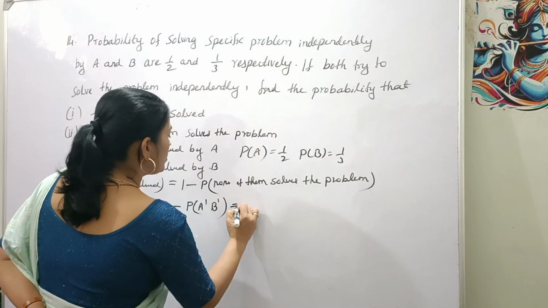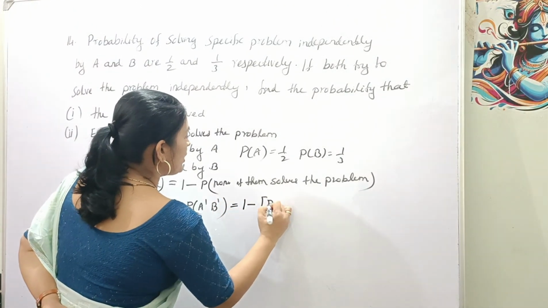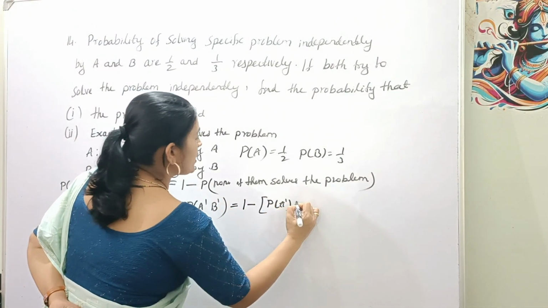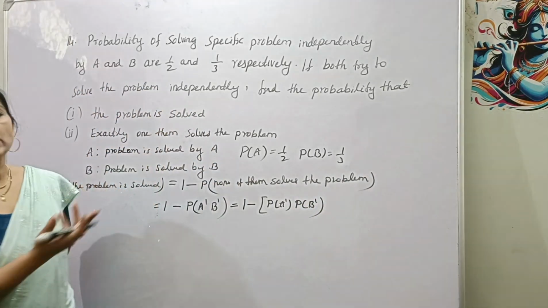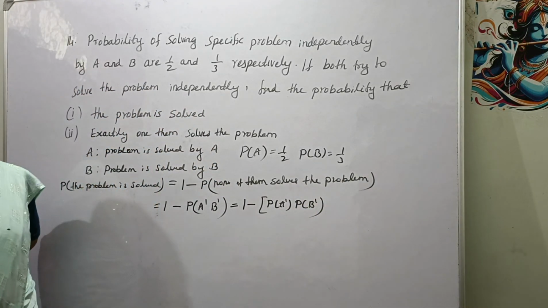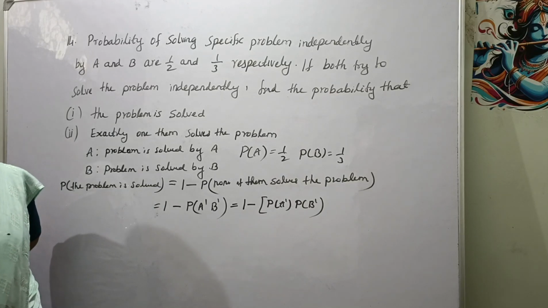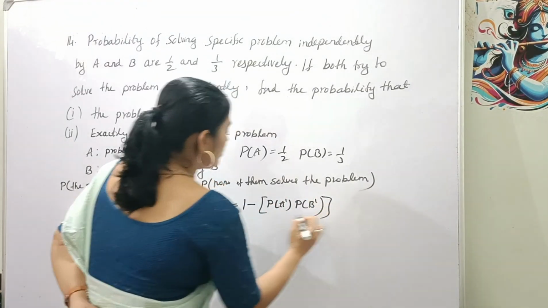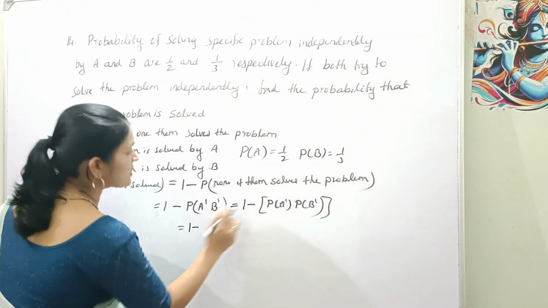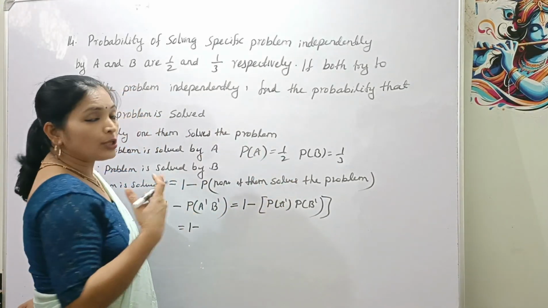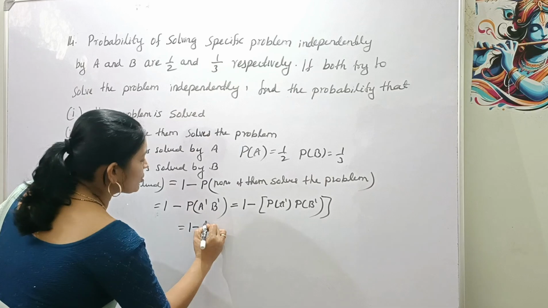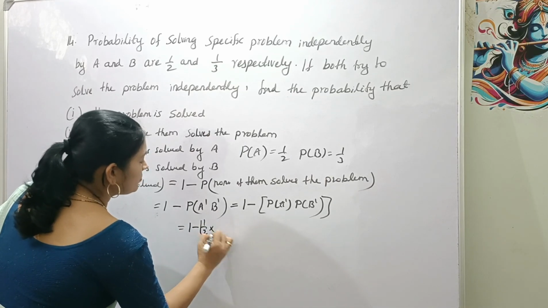That is equal to 1 minus probability of A complement into probability of B complement, because here it is given A and B are independent. Therefore A complement and B complement are also independent. Now we can find: probability of A is 1 by 2, so probability of A complement is 1 minus 1 by 2, that is 1 by 2.